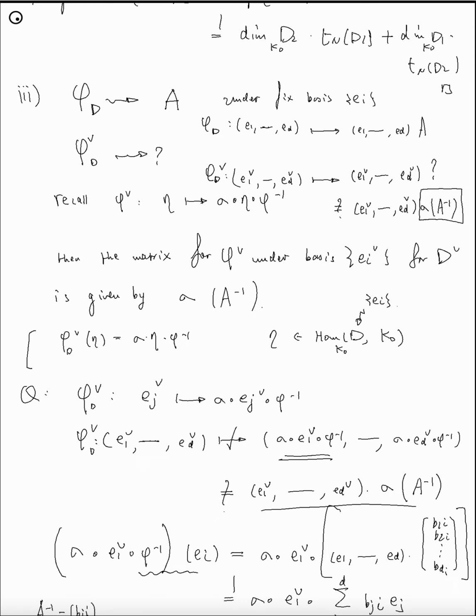What should that be? Frobenius acting on the multiplication by A, and Frobenius inverse acting on multiplication by A inverse. So here we should put A inverse in this position.